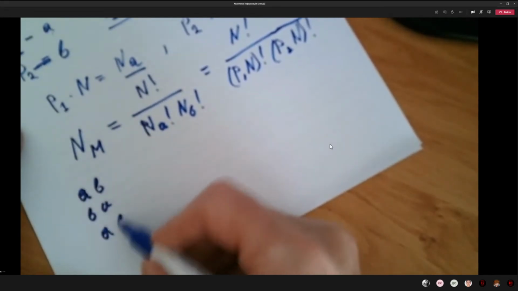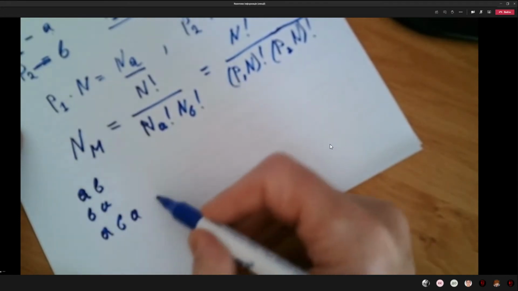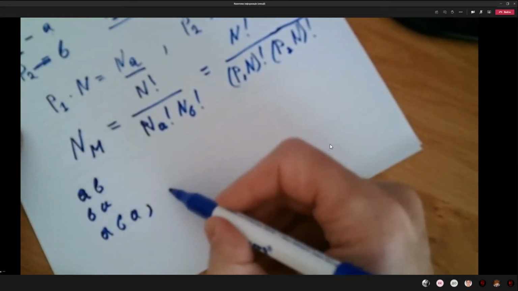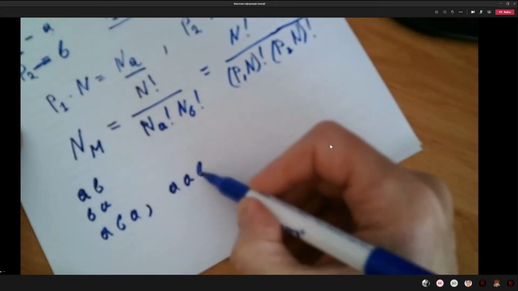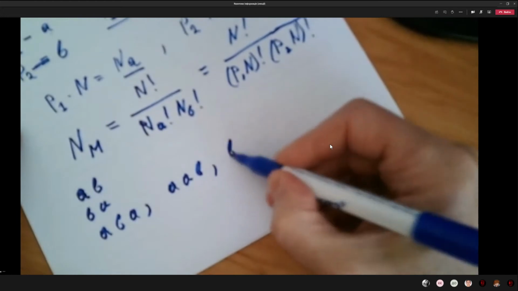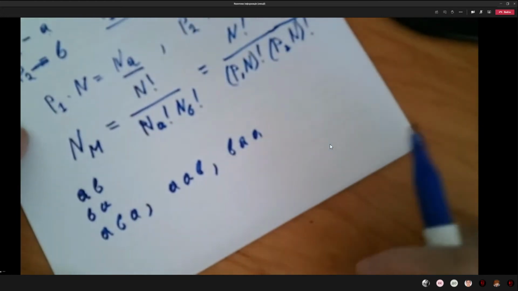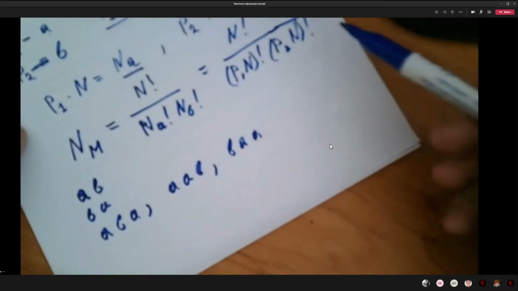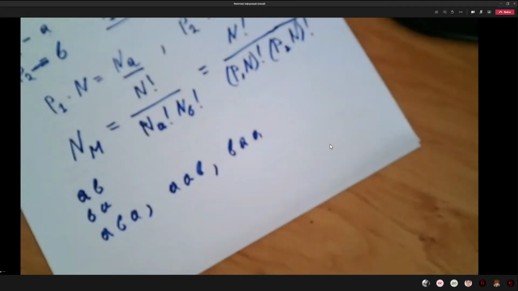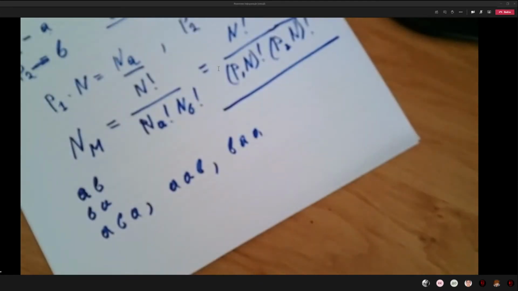Suppose we have A, B, A. So here we have such a message. We can also have the possibility to get such a message, maybe such a message, and so only three possibilities. So when we have many A and many B, the number of different messages can be calculated with this formula.